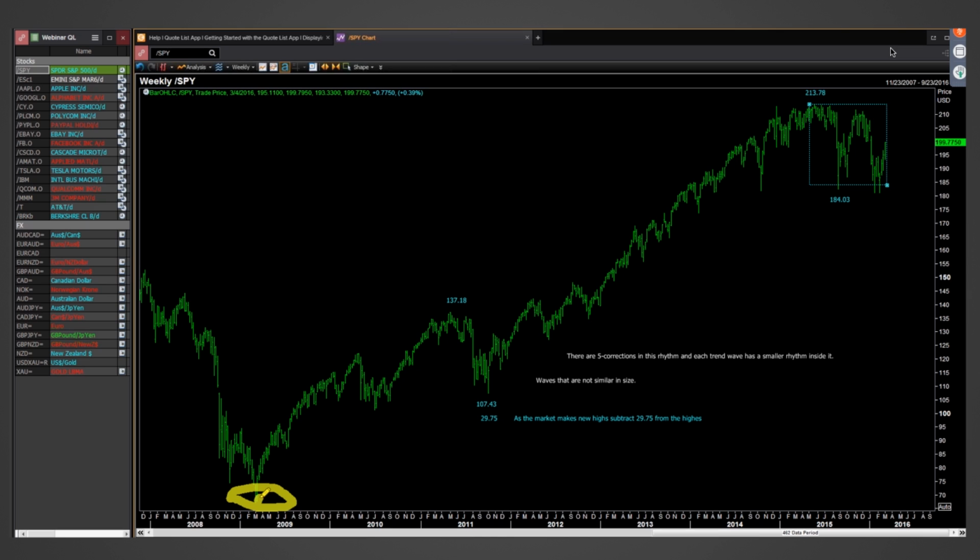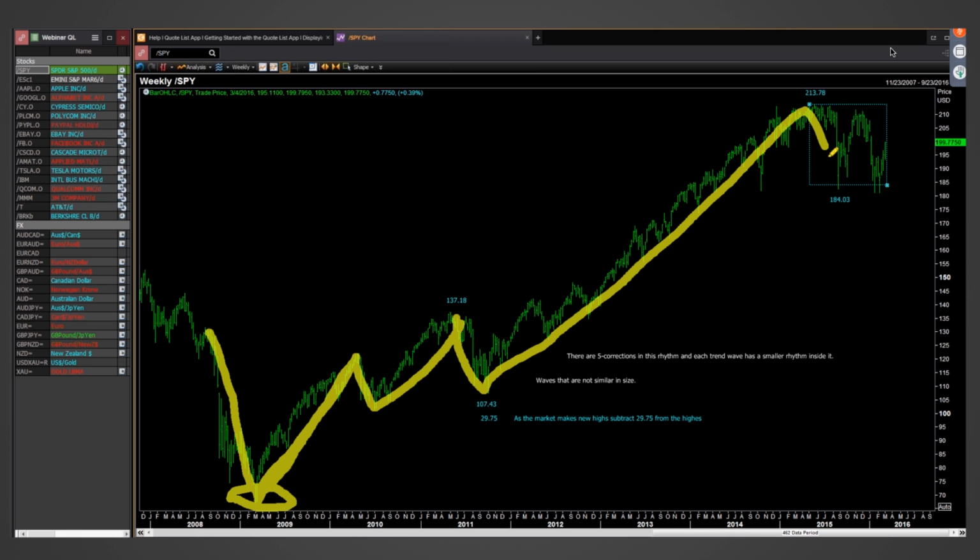The waves that go with the trend are called trend waves, and the corrections that are against the overall trend are called correction waves. And then you have a trend wave again. The markets always end the downtrend with a trend wave and always start with a trend wave. So you have your trend wave, correction wave, trend wave, correction wave, trend wave, correction wave, trend wave.